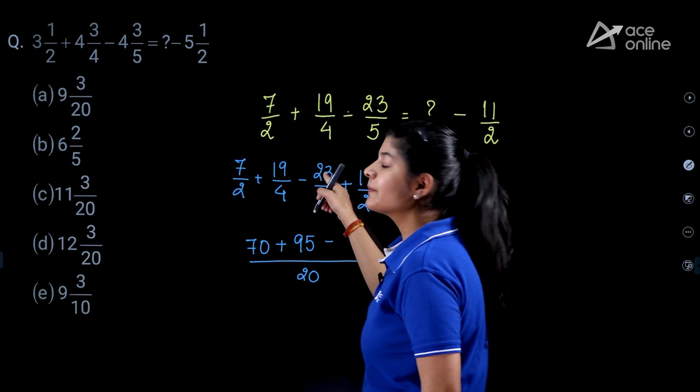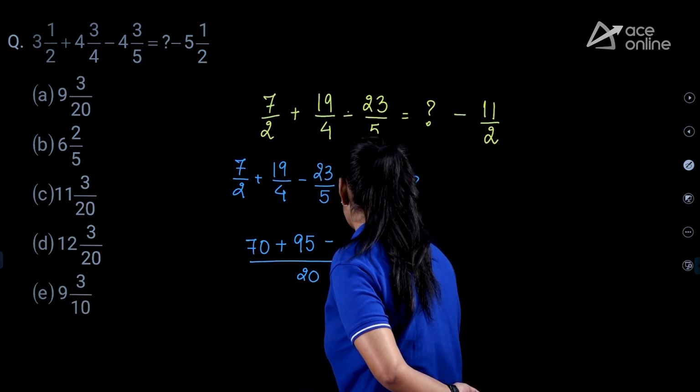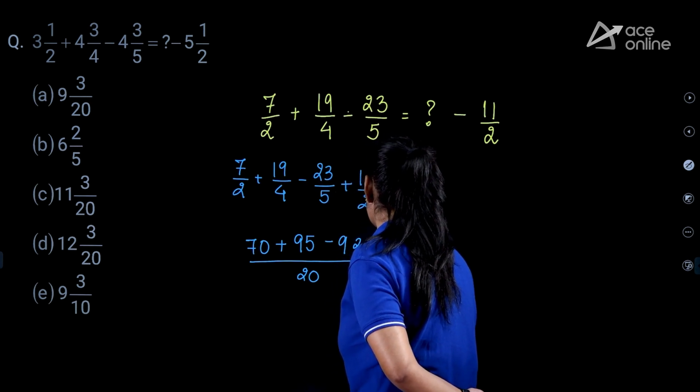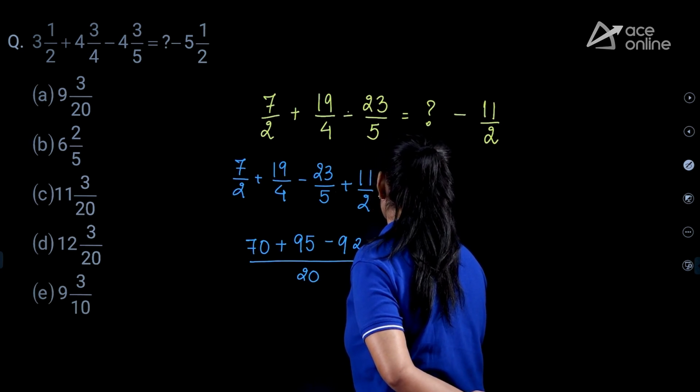Minus, here it is present in the multiple of 4. So 23 into 4, that is 92. And here we are having plus 110, right?